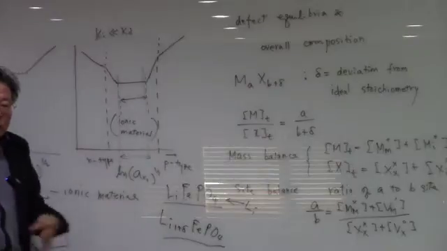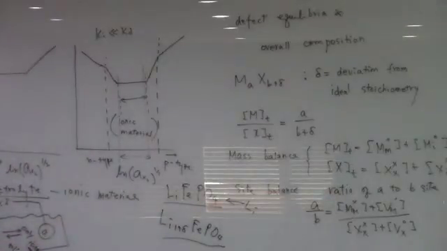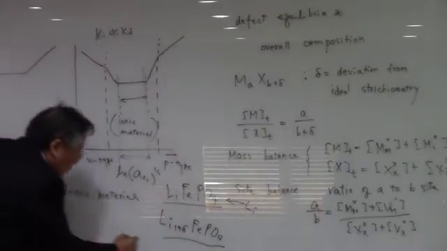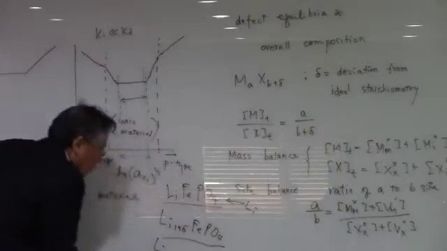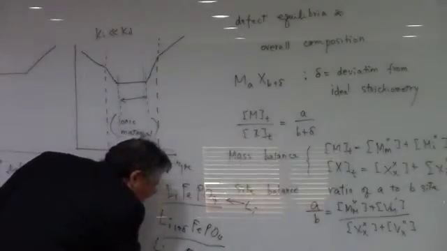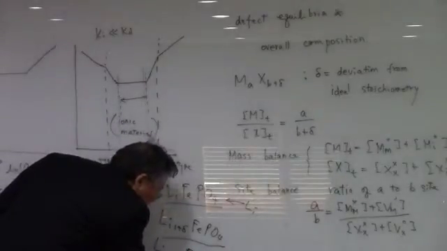And then you're going to change the open circuit voltage of the batteries as you discharge, as you insert the lithium into this. Now when you charge this thing, you're going to take out some of the lithium to certain values, Li(1-delta)FePO4.